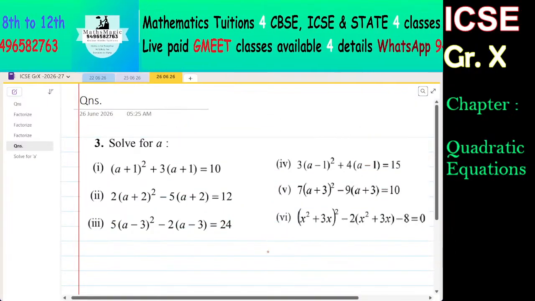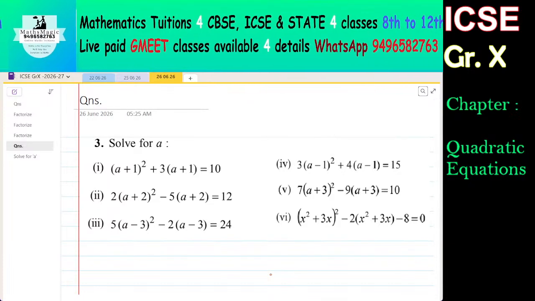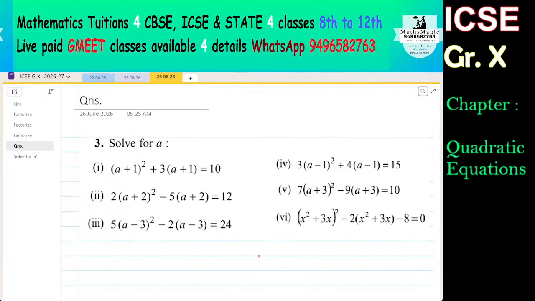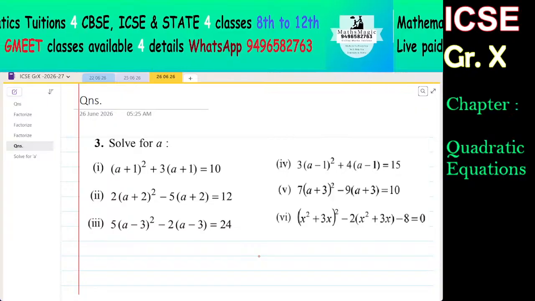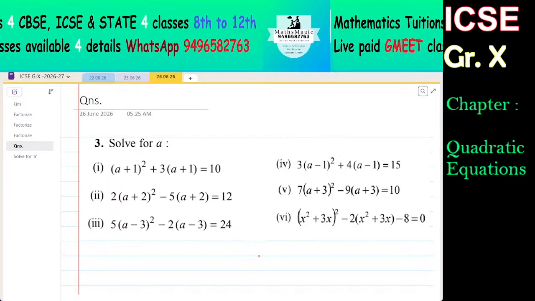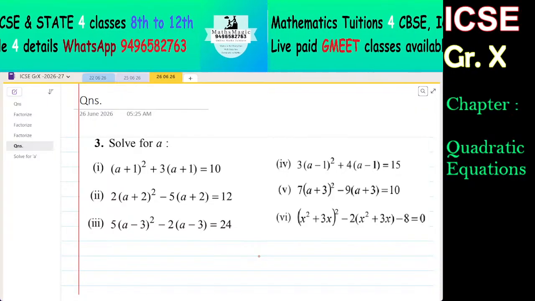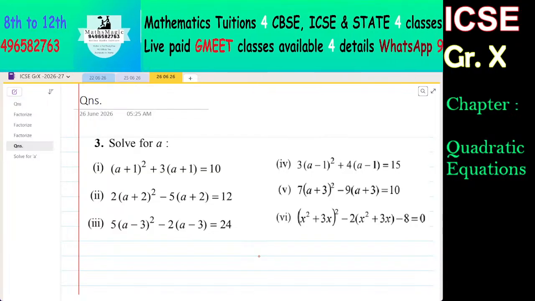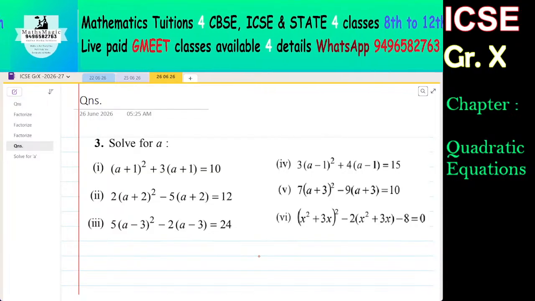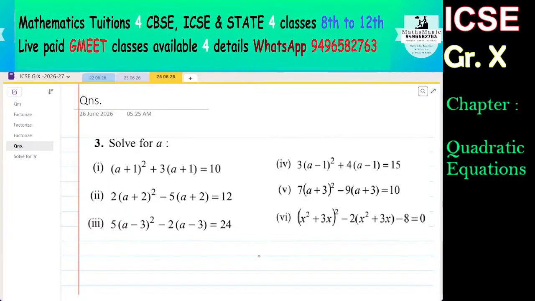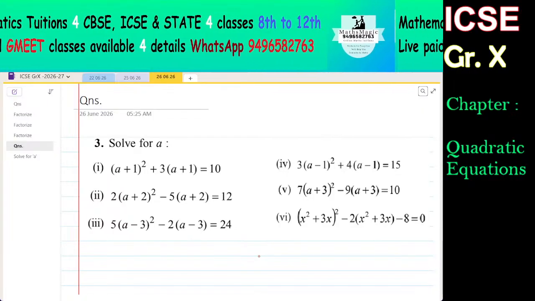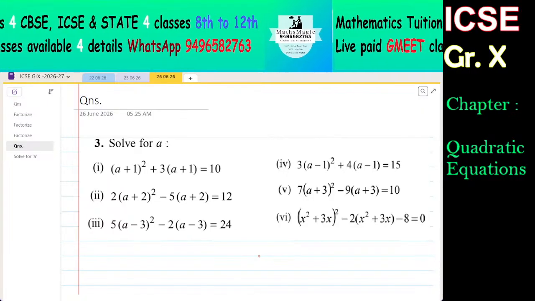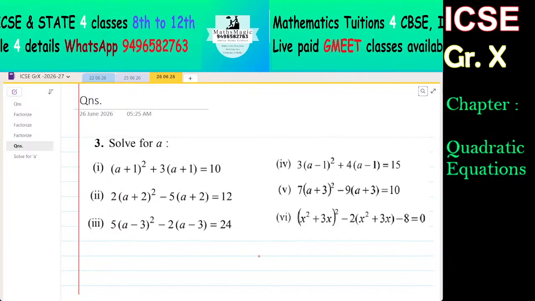Now, go for the second one, 2 into (a plus 2) whole squared minus 5 into (a plus 2) equals 12. In this case, you can put a plus 2 as x. You will get 2x squared minus 5x minus 12 equal to 0 as a quadratic equation with coefficient of x squared 2, and while factorizing, be careful that you should take product as 2 times negative 12 and sum as negative 5.